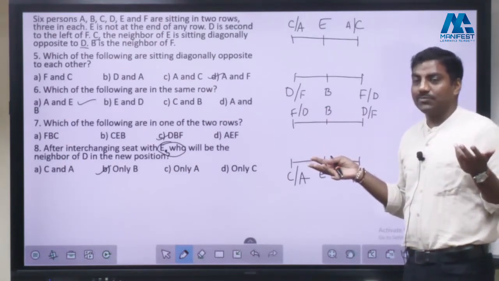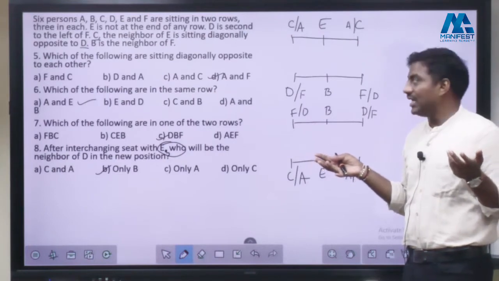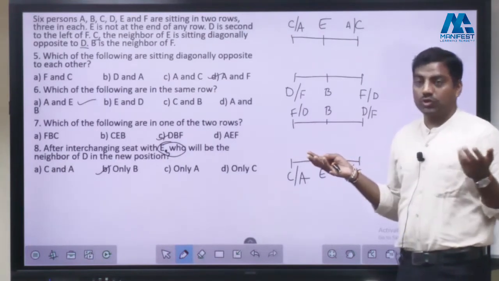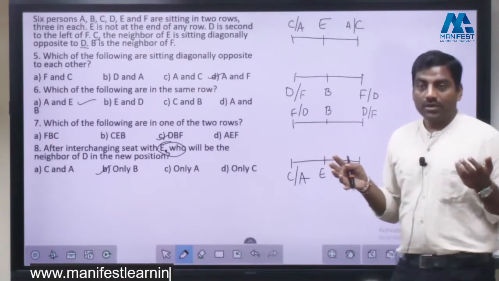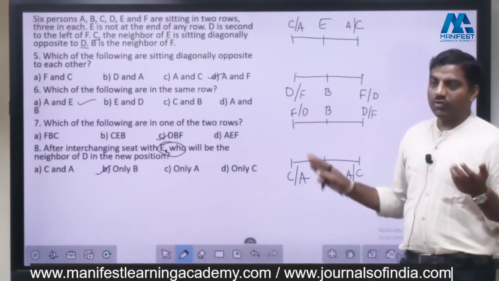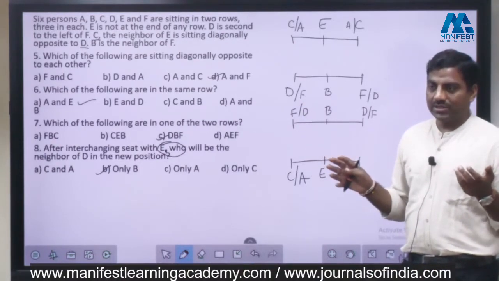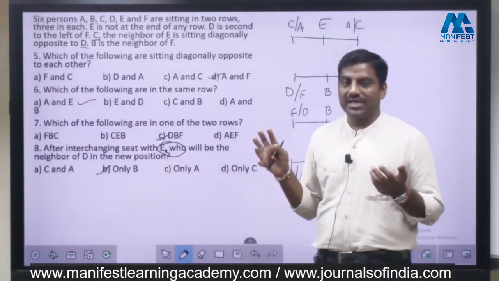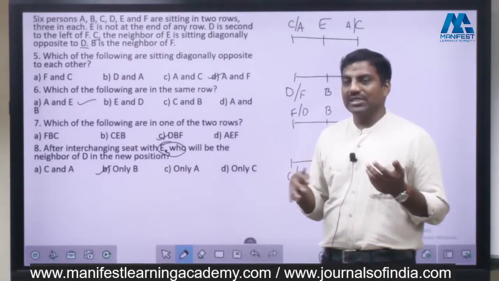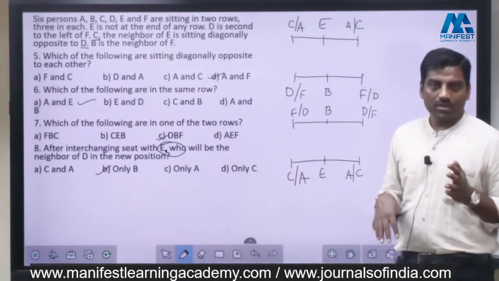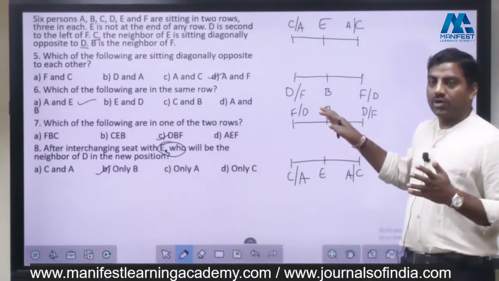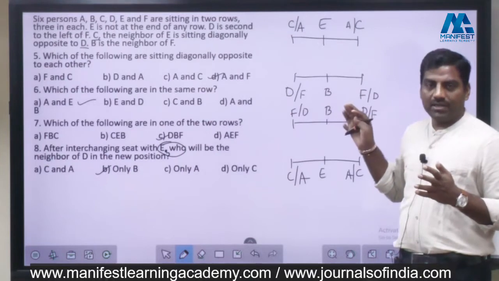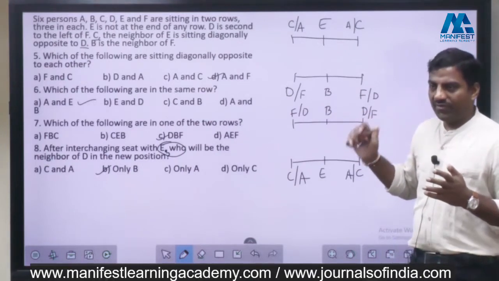All other positions are not finalized. So in such cases, what should we do? You should not get scared. Just go to the question, go question by question. If there are 3 questions, at least you can solve 1 or 2 of them. If the third question is difficult for you, don't worry. Just because the diagram is not complete, don't be afraid. Okay, fine.